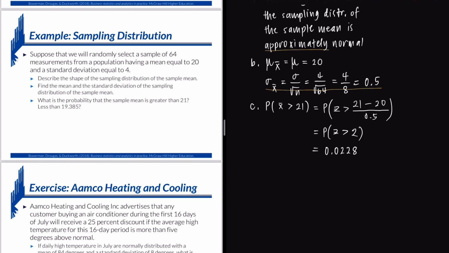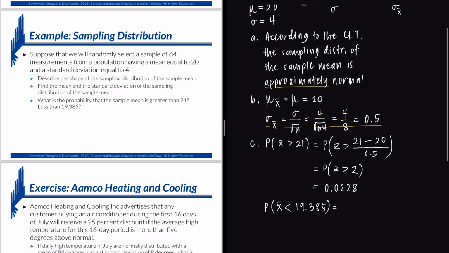Now, how do we compute for the probability that the sample mean is less than 19.385? So we follow a similar approach. Note that we can convert x bar to z because according to the central limit theorem, the sampling distribution of the sample mean is approximately normal.